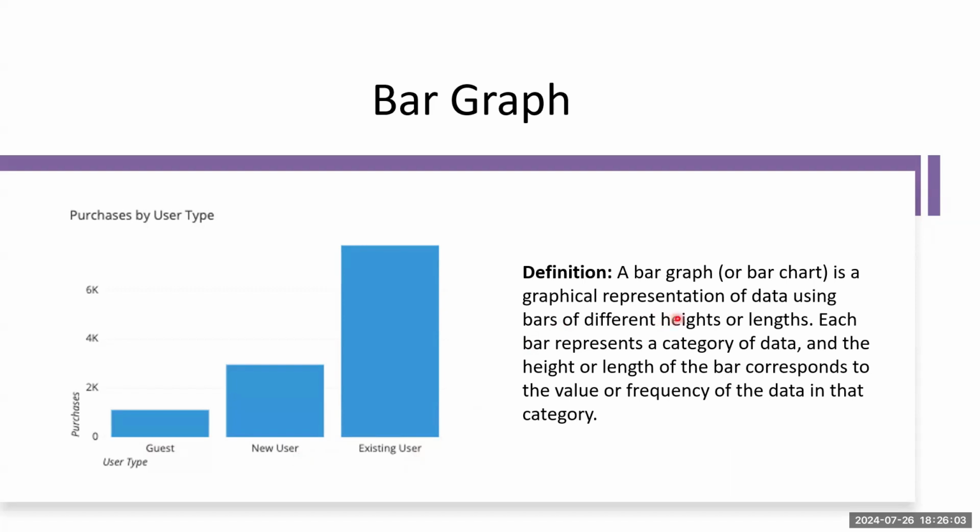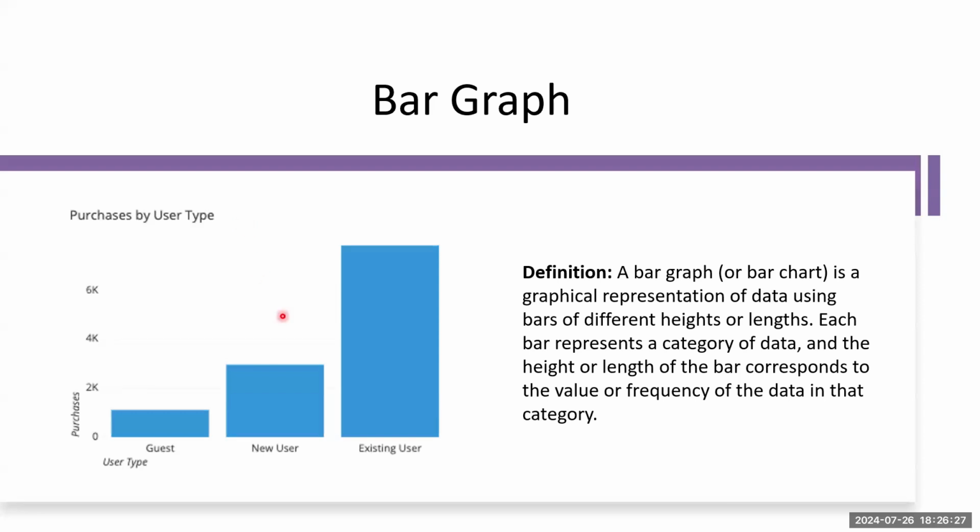The bars represent data or categories of data, and the height or length of the bar corresponds to the value or frequency of the data in that category. So here we are looking at purchases by user type.